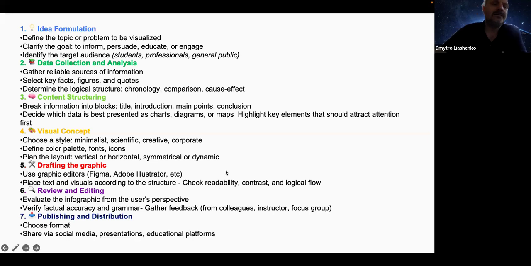We should verify factual accuracy and grammar and gather feedback from colleagues, instructor, focus group.